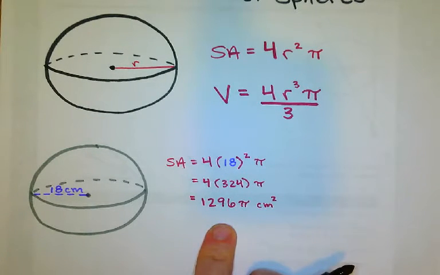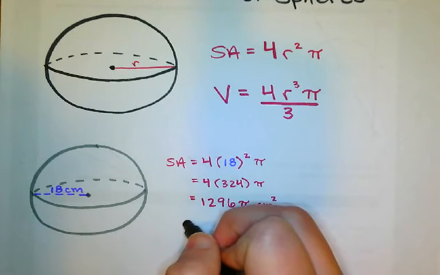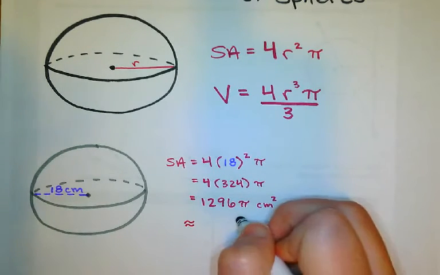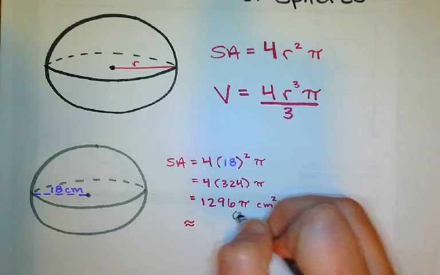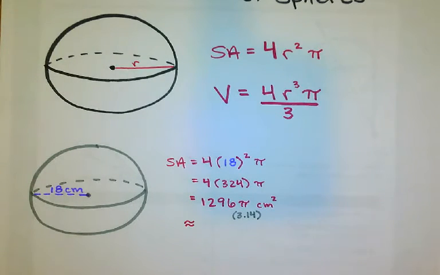And then if we wanted to approximate it, plug in 3.14 for pi. Remember, pi is 3.14. So I'm just taking 1,296 times 3.14, or times pi. If you use pi in your calculator, you're going to get a little bit of a different answer than 3.14, so I'll show you guys real quick.